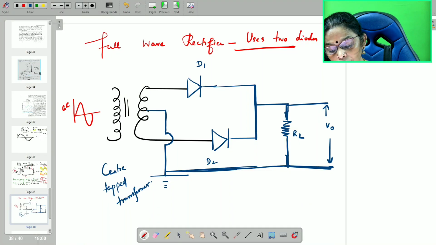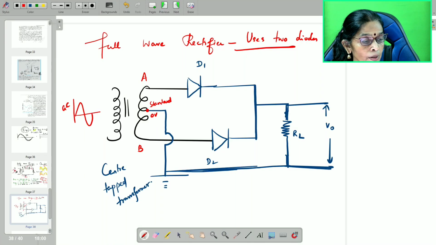If you keenly observe, this is end A at higher potential, and this is end B. This is standard. Standardly I am maintaining 0 potential over here. Okay.